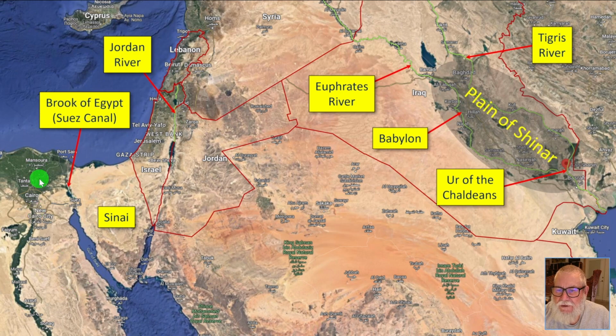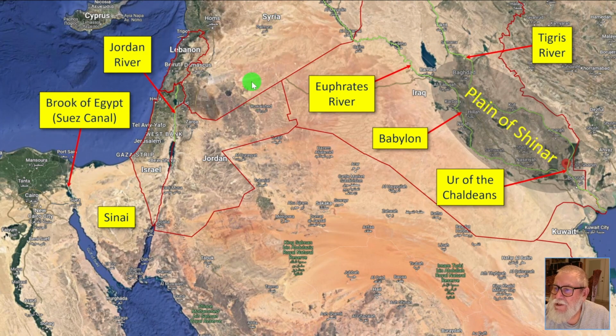So on this map, the red lines are the international boundaries. We have Egypt here on the west and Saudi Arabia on the south. On the east, we see the western part of Iran. Just to the west of Iran and north of Saudi Arabia and Kuwait is Iraq. In between Iraq and the Mediterranean Sea is Syria.